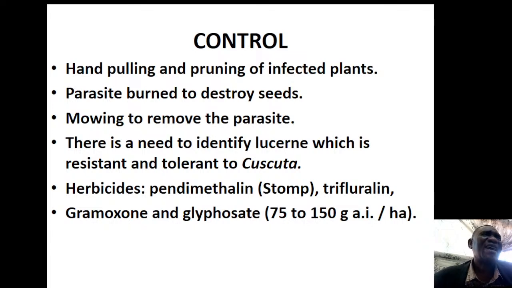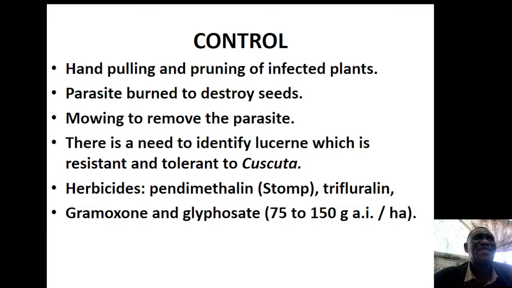You may try hand pulling, probably before attachment, if you can see the parasite, and also pruning of infected plants. Do a little bit of damage to your crop so as to remove the parasite.